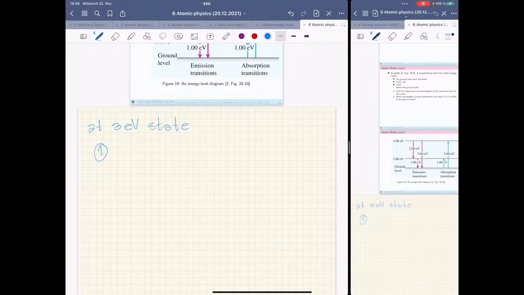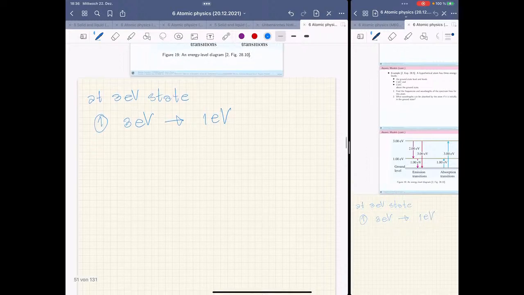You can go from 3 eV to the 1 eV state, and the second case is from 3 eV to the ground state, which is 0 eV.